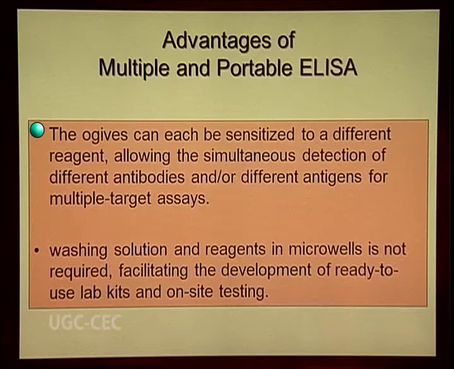Now, multiple and portable ELISA has multiple advantages, like each rod can be sensitized to a different reagent, and thus at the same time we can detect the presence of multiple analytes. And since washing steps are very simple here, we can do the assay very quickly and on the site where we want to perform it.